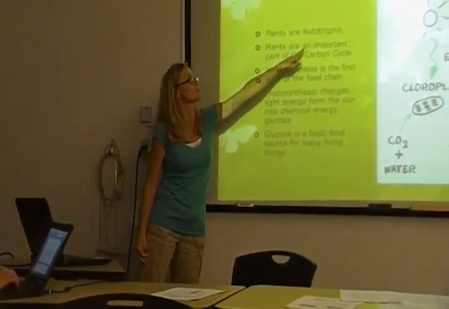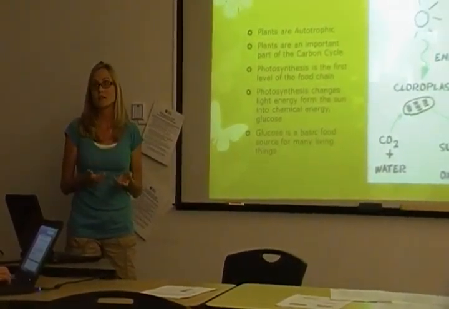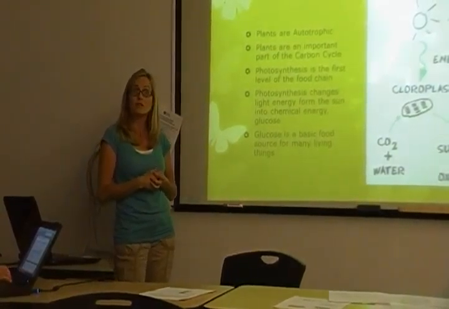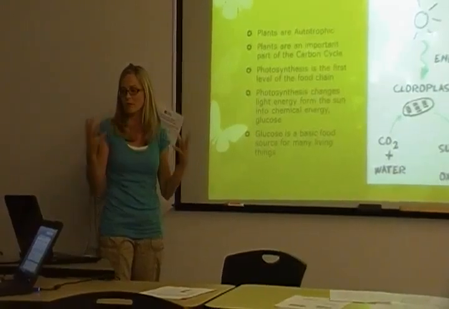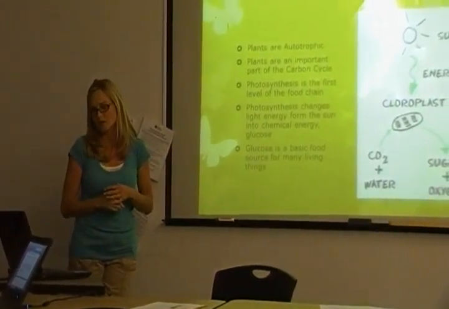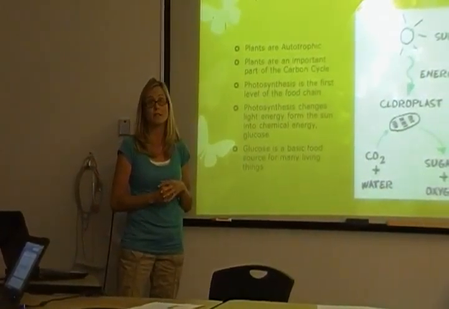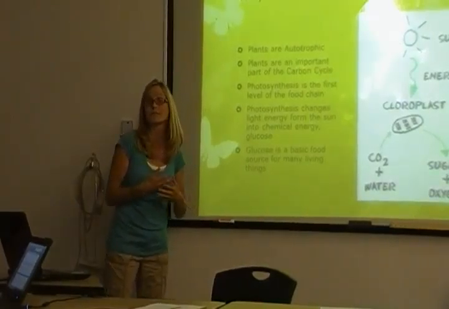So plants are autotrophic. Here's the new vocabulary word. Autotrophs are organisms that create their own food. There are some other autotrophs besides plants, but plants are the largest number of autotrophs. Plants are an important part of the carbon cycle. Remember, carbon is an important element for all life forms.